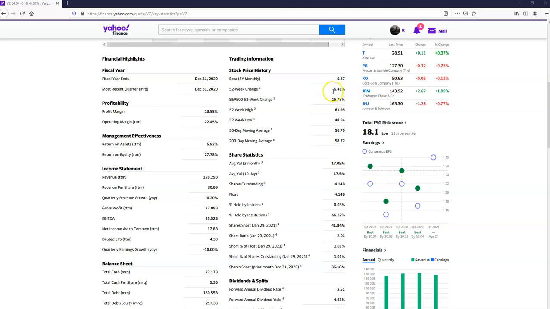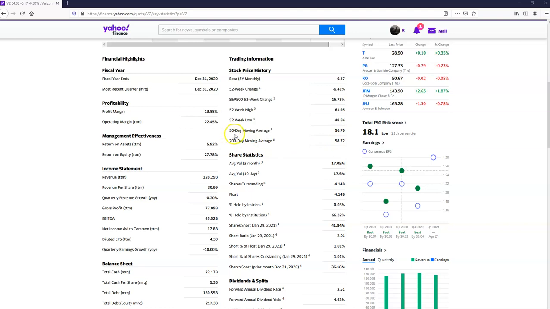In other words, the stock is not behaving as the index. It's declining over the 52 weeks compared to the index. This is a high on the 52-week of the price of the stock. This is a low on the 52-week of the price of the stock. This is a 50-day moving average, which is basically taking a moving average of the price of the stock over the last 50 days.